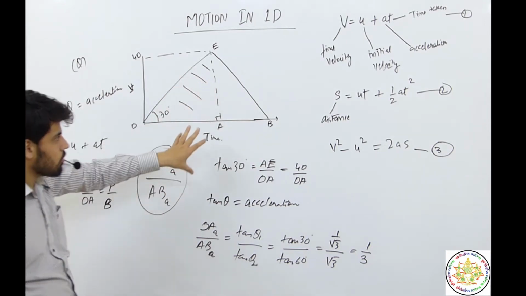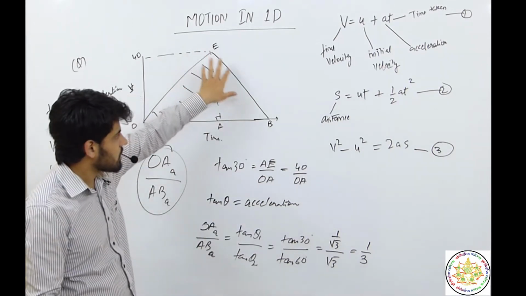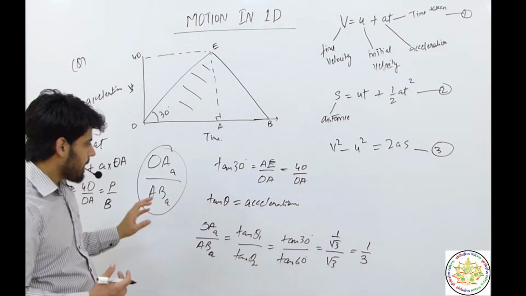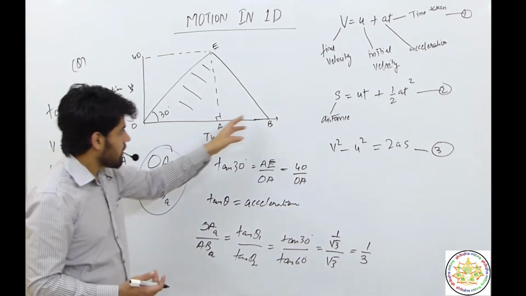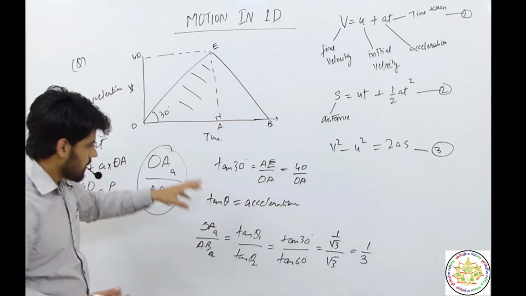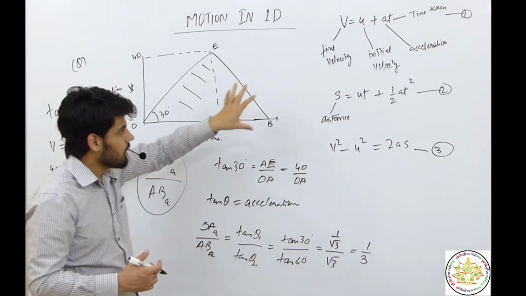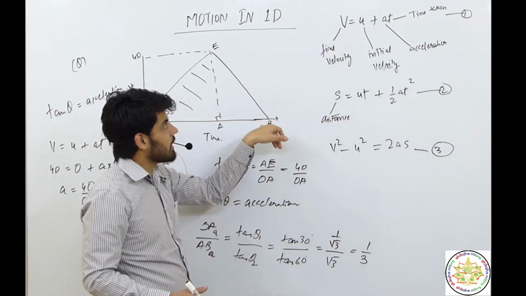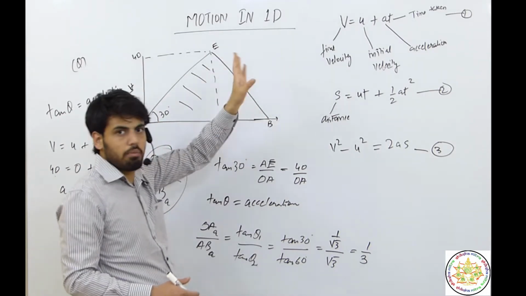The negative sign is not used because we are calculating the magnitudes. Otherwise this is deceleration, and a negative sign would come. If you solve with the equation of motion for the second part of this graph, the final velocity will be taken as 0 and the initial as 40, so the change is minus 40.